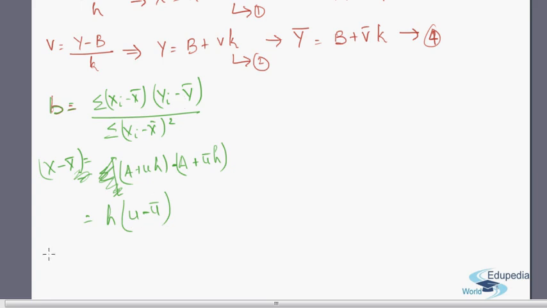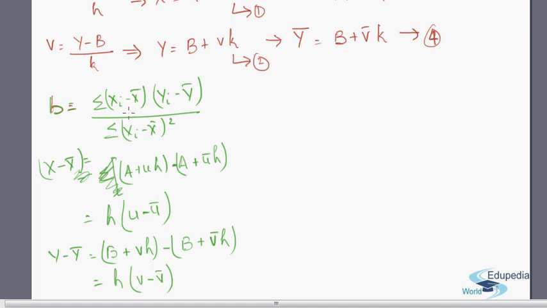In the same way, if we take y minus y bar, we will have b plus vk minus b plus v bar k. Again, these two b's will cancel out each other. We'll be left with vk minus v bar k, and taking k common, we'll have k times v minus v bar.